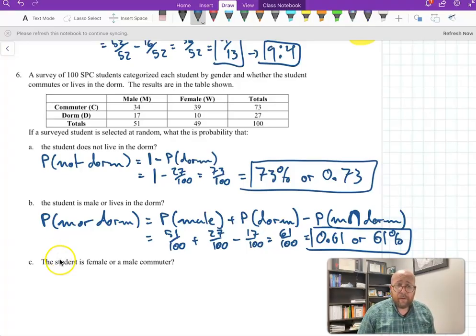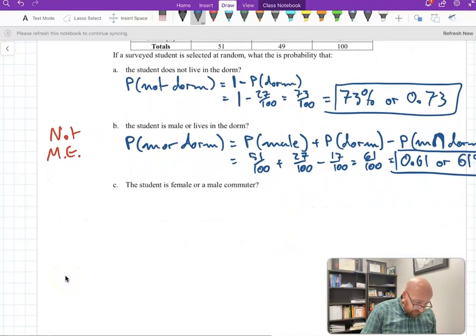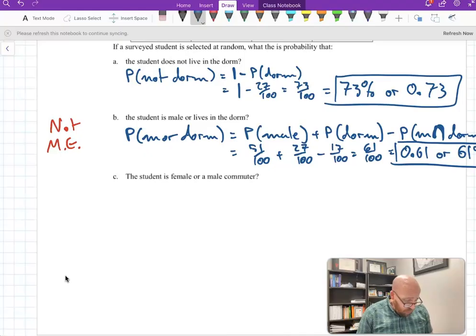Part C. Find the probability that the student is female or a male commuter. So, are these mutually exclusive? Can we talk about these two categories without overlap? And the answer is yes, these are mutually exclusive.